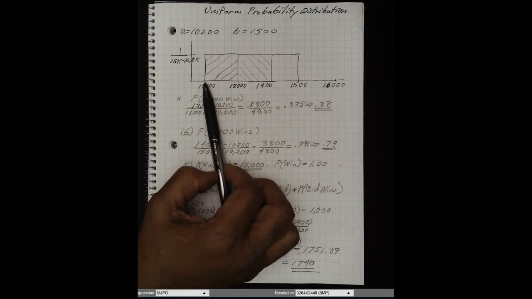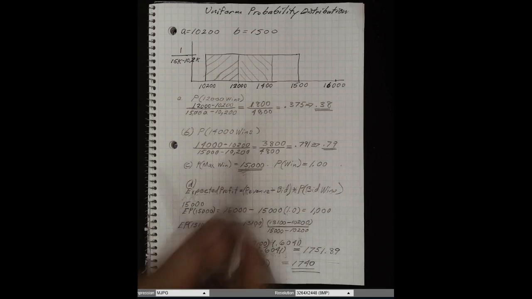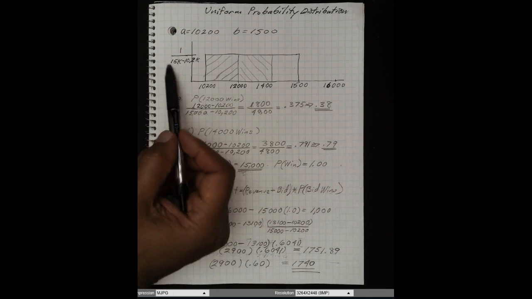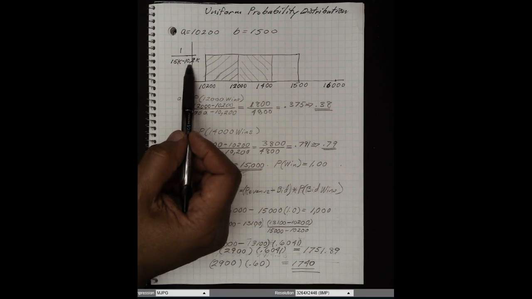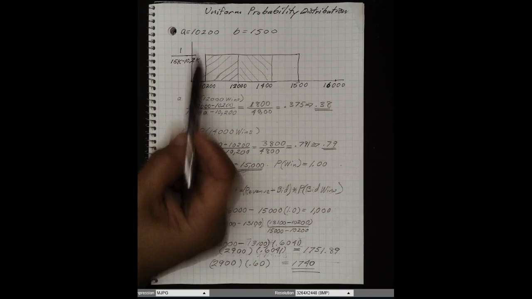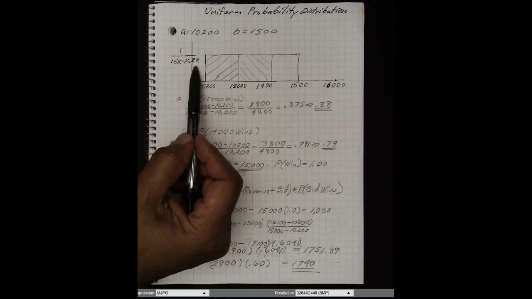It is the width times the height. And they tell you that the height is going to be 1 over the maximum value minus the minimum value.